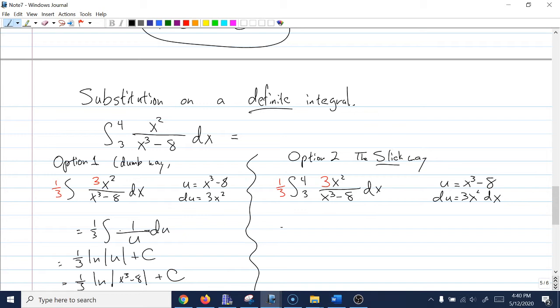My integral changes into an integral of 1 over u du with a 1/3 out front. And now here's the key part. The new bounds of integration are not 3 to 4 anymore.